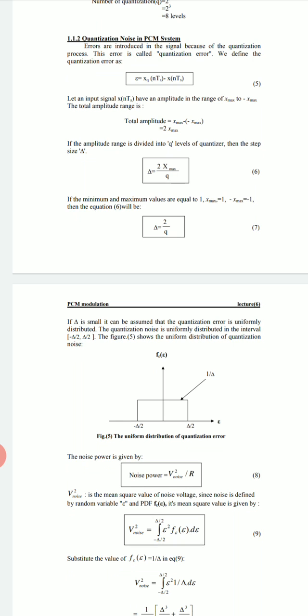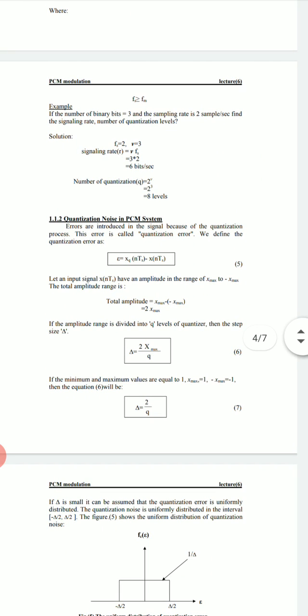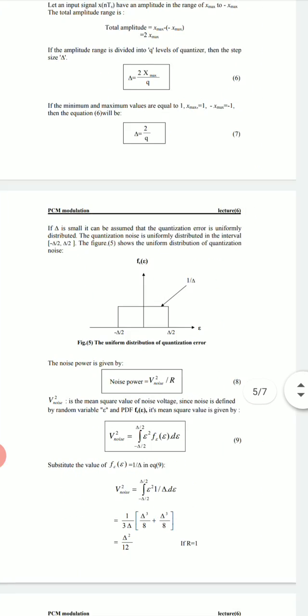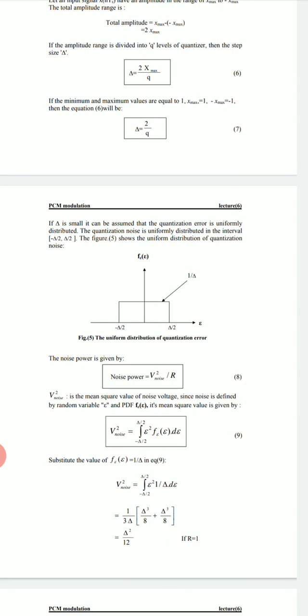Here v noise square is the mean square value of the noise voltage. Since noise is defined by the random variable epsilon, because we take the error as epsilon.